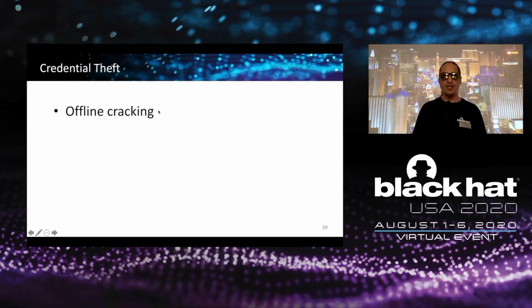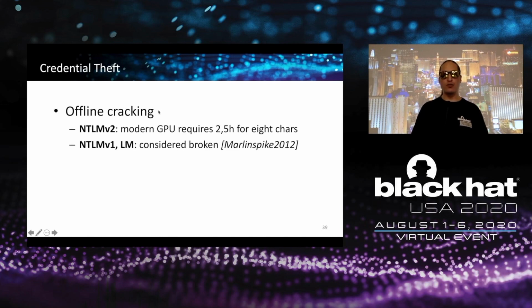And what can be done with it? Well, such captured NTLM version 2 hashes, which is the current version, allow for efficient offline cracking of the user password, for example, using Hashcat. And also if you use or support previous versions of NTLM, they are actually trivial to crack, and they can be considered broken anyway, as shown by Moxie Marlinspike and others.